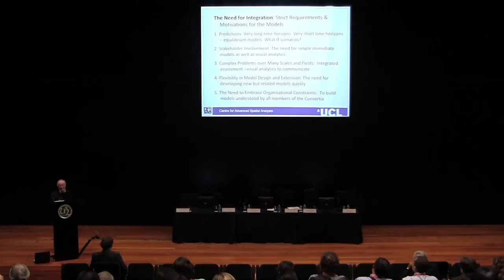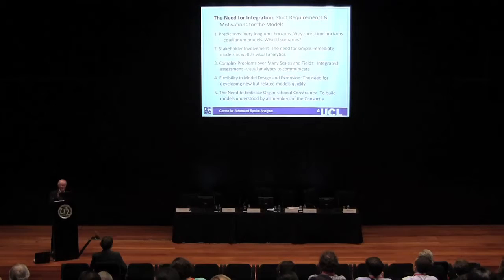This particular project was to try and develop these integrated models in the context of a variety of stakeholders, the stakeholders being Environment Agency, Transport for London, GLA, Department of Communities and Local Government, etc. A whole series of what you call professional actors with a vested interest in policy.